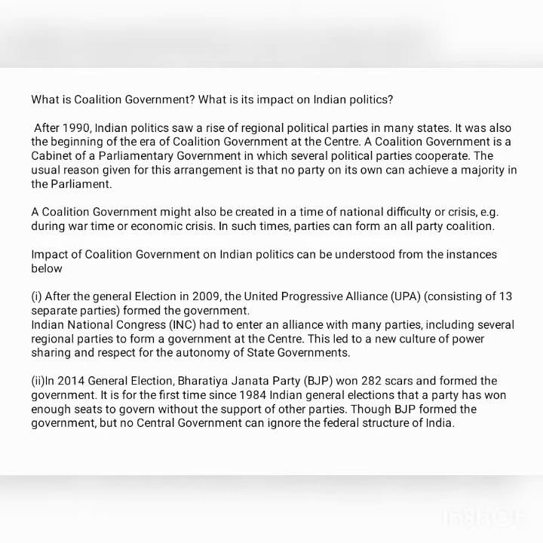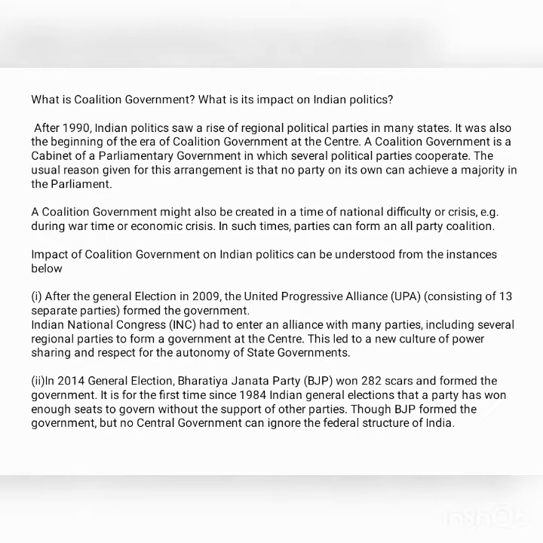Because as you know very well, in 1984 Congress formed the government with an ultimate majority, and after a long gap, in the year 2014, Bharatiya Janata Party formed the ultimate majority government, that is a single party majority government. Okay.